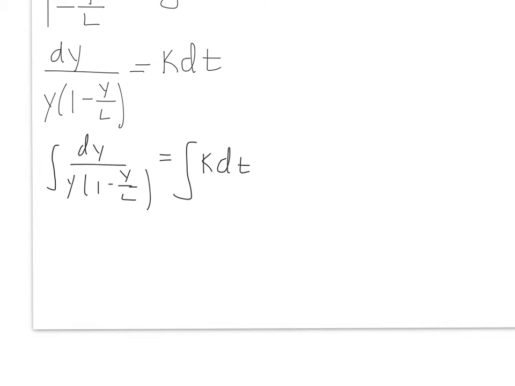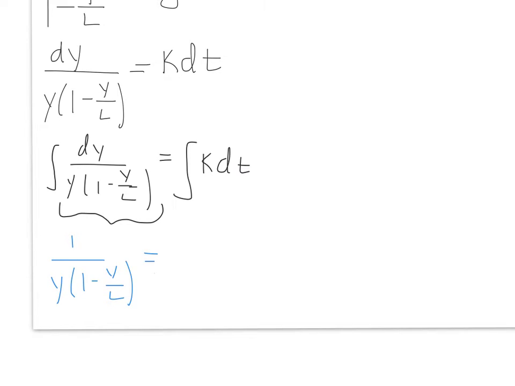All right, and so ultimately, what you would do is you would take apart this piece right here. You would look at 1 over y times the quantity 1 minus y over L, and you would say, in fact, I think I'm going to do this in a different color, just to reiterate that we're just working on the partial fractions here.